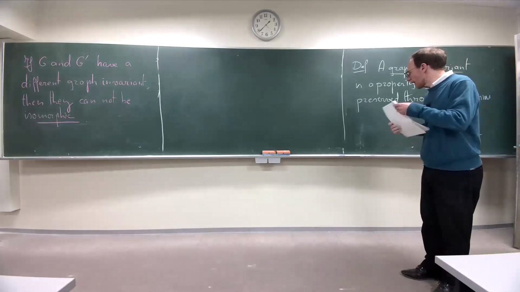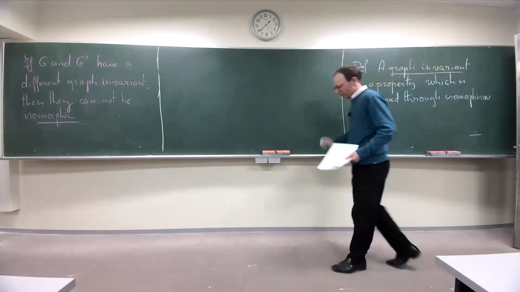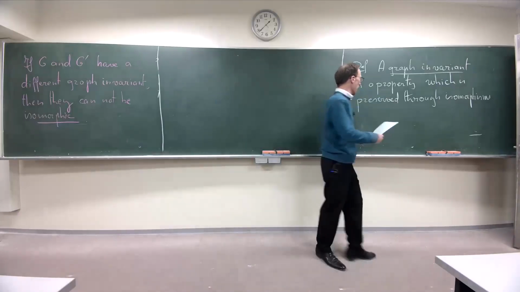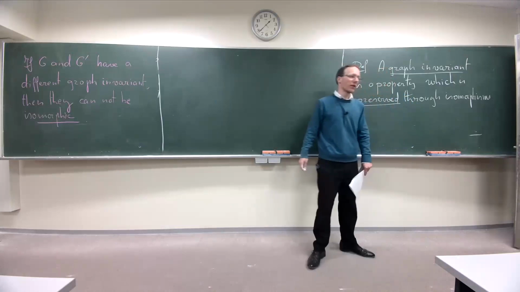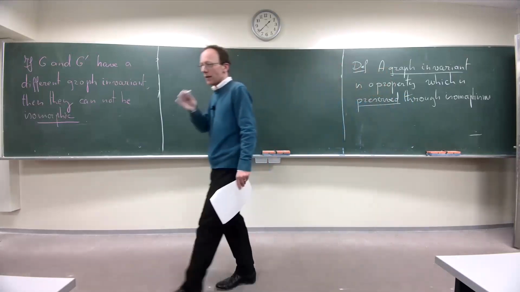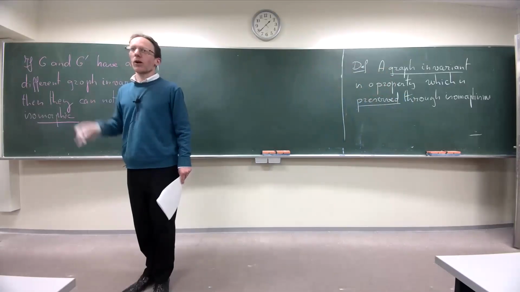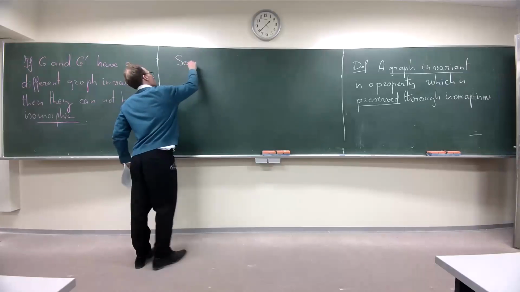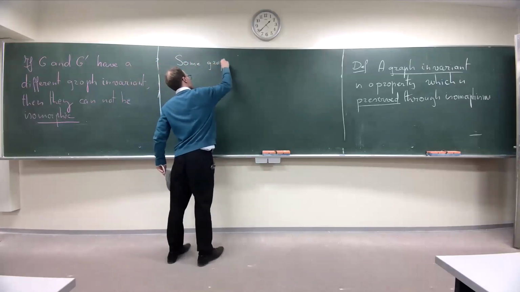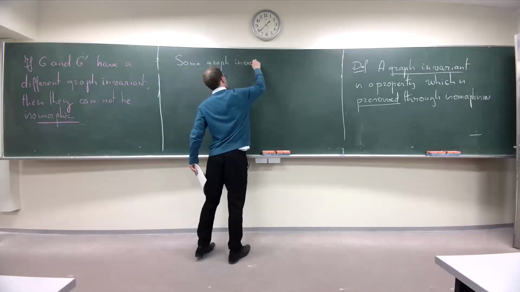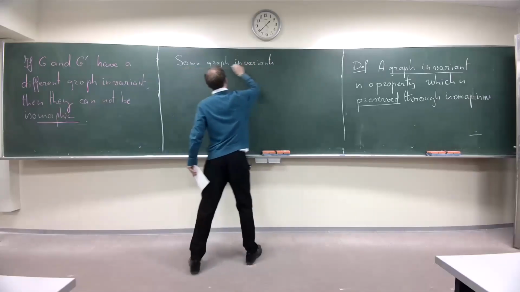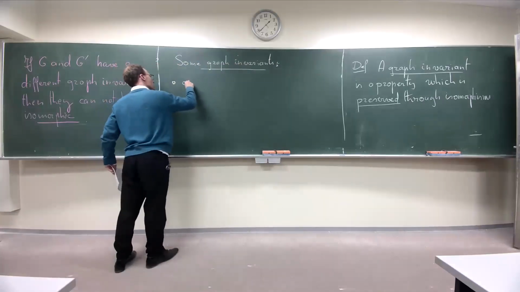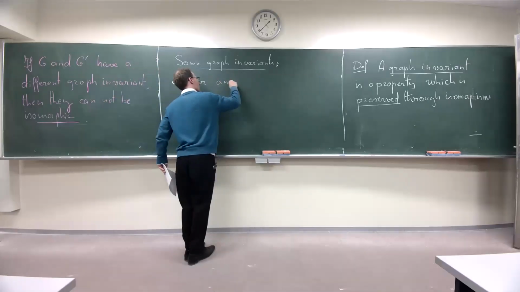So let's list some graph invariants. In fact, if you want to be very precise, since it's a definition that they are preserved through isomorphism, you have to check that indeed the list I'm going to give are graph invariants. I'm not going to check this, but it's rather clear. Some graph invariants, for example, the order and the size.